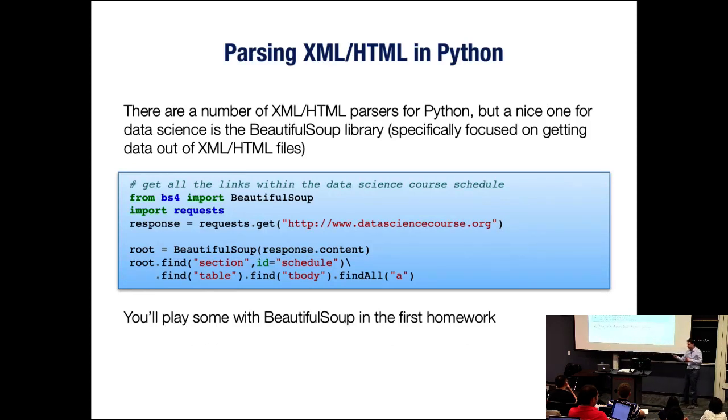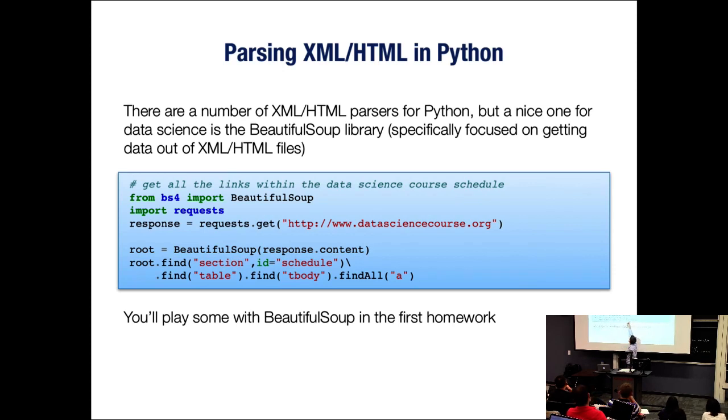Okay. Yeah? So when we find a table, will it find all tables, or only the first one? The find command by default will find just the first one. I happen to know there's only one table in that section, so I'm OK to use find. And I also know there's only one T-body section in there. But here I actually do a different call to find all the links, right?